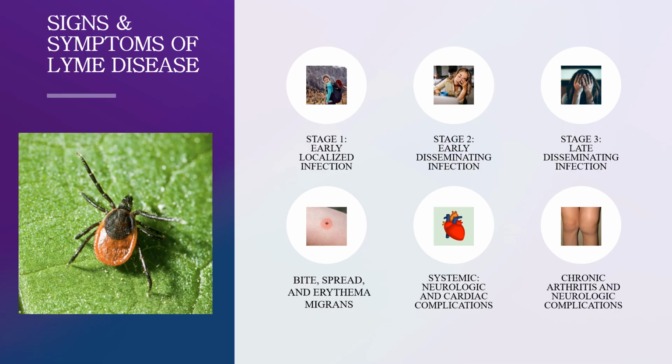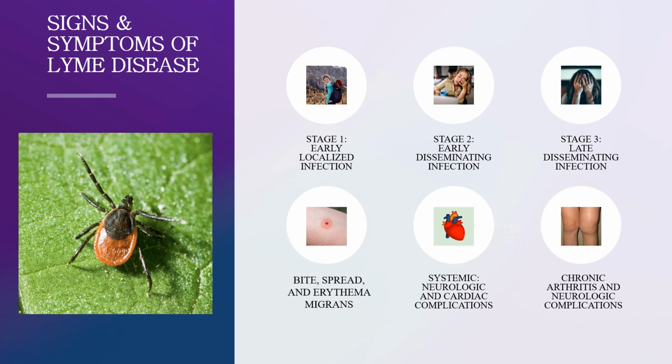And in stage 1, it pretty much is surrounding the disease, begins with the bite of the infected tick, where the bacteria is introduced into the skin. And that's where we will see the well-known bullseye rash, but that's not 100% when it comes to diagnosing Lyme.